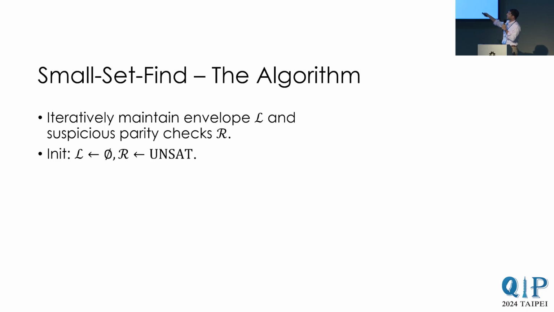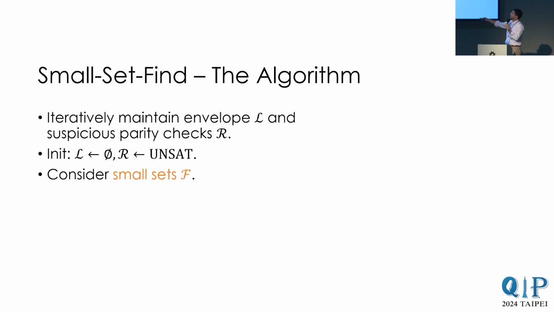It iteratively maintains this envelope L and a set of suspicious parity checks R. And at every iteration, it's going to update both L and R. Initially, it's going to say that it doesn't know what the set of corrupted qubits are, but the set of suspicious parity checks are certainly the unsatisfied parity checks, because you're sure that these are adjacent to some errors.